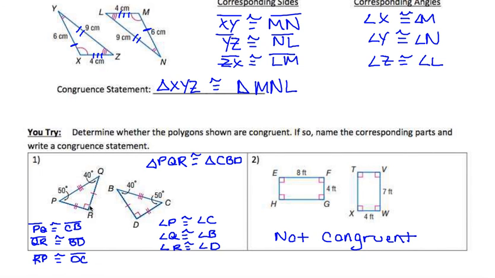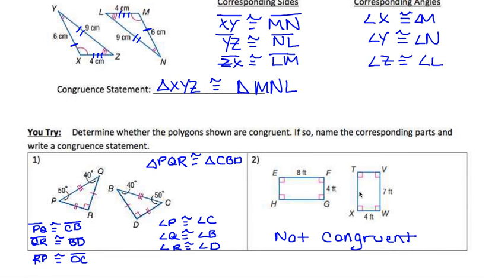Remember the little box in the corner means 90 degrees. So R and D are the same. And then P and C are the same, and Q and B. And you can see that from your congruent statement. So P and C match, Q and B match, R and D match. Side PQ matches with CB, QR matches with BD, PR matches with CD.